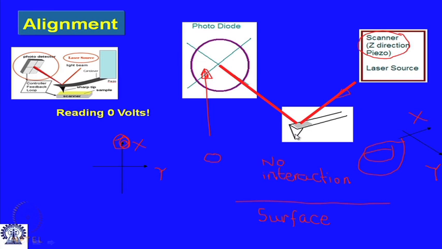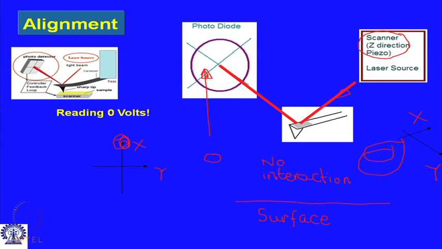You can do it manually, but the immediate thing that is going to happen is that you are going to break the cantilever or the probe. So this is also automated, and typically slow speed stepper motors are used to bring the cantilever or the probe in close proximity to the surface.